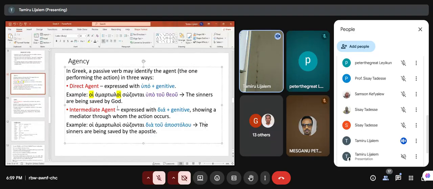The apostle is not the savior, but the intermediate agent that leads the sinners to be saved. In English it seems the apostle is the savior, but in Greek it is made clear that he is an intermediate agent. The implied subject is the savior, God, saved through the apostle, who is a mediator.